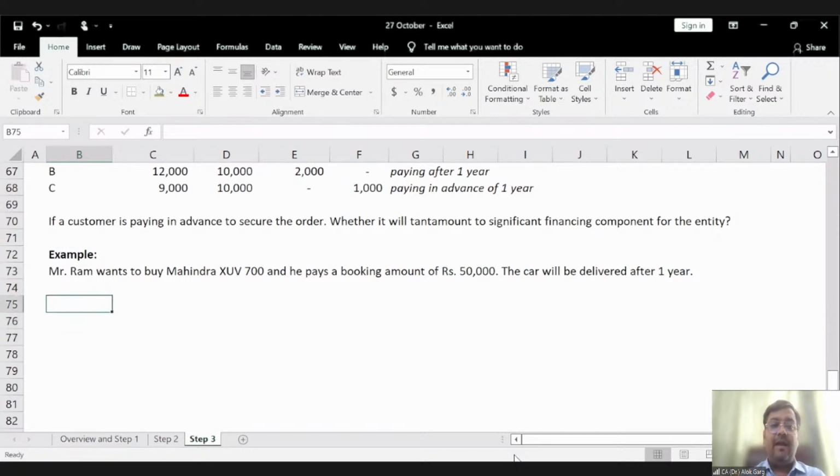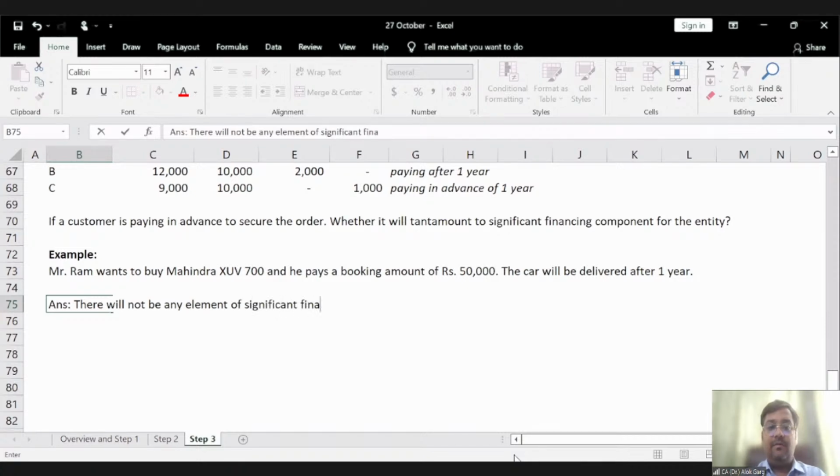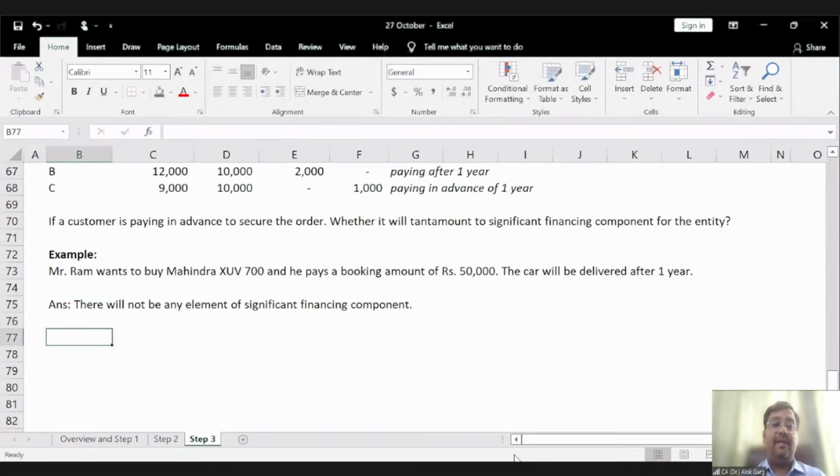In this case, there will not be any element of significant financing component. Okay, so you have to see the substance over form, right?